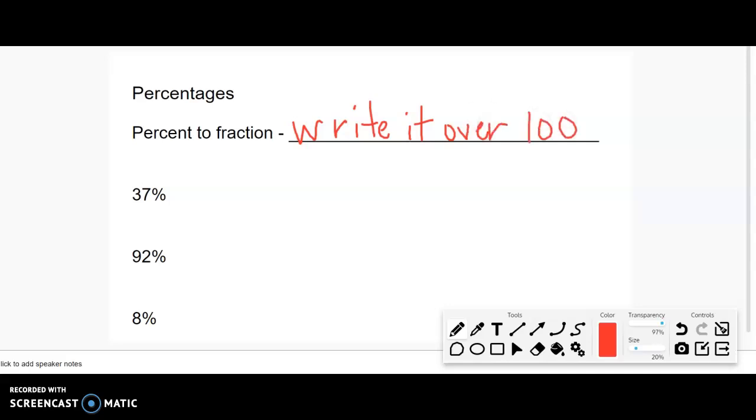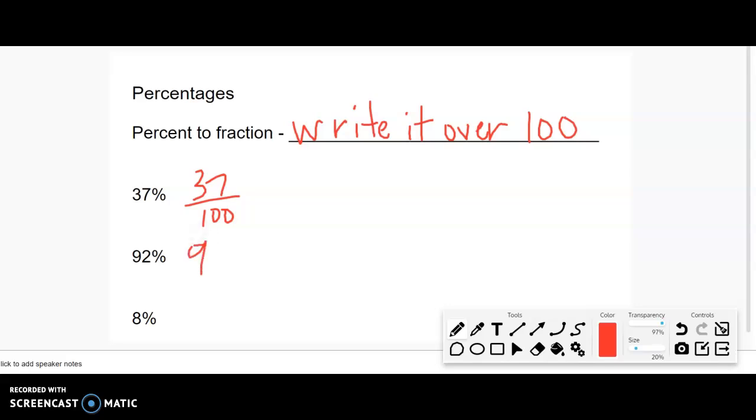Now keep in mind, eventually you'll get percents that have decimals in them, and then it gets a little more complicated. But for the ones we'll see this year, we can write it over 100 because they're whole numbers. Okay, so 37%, 37 hundredths.